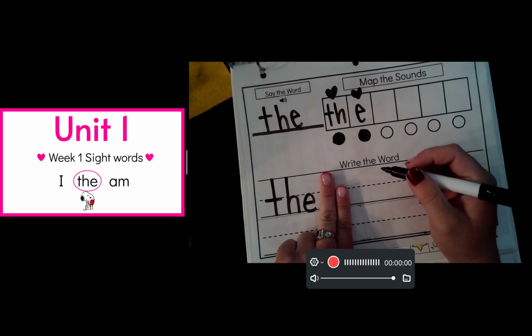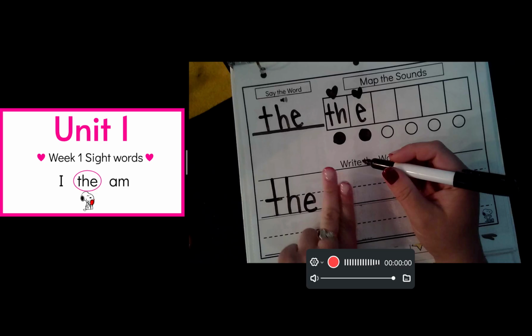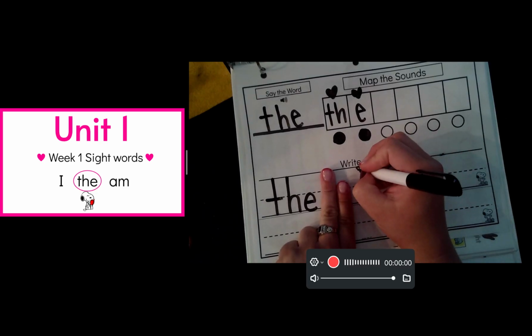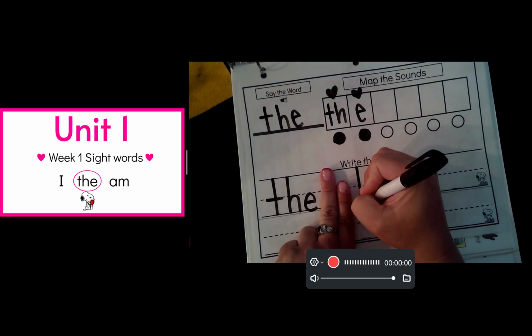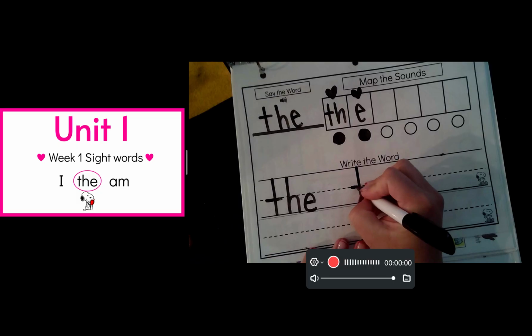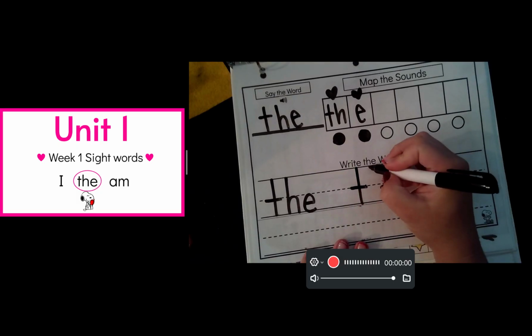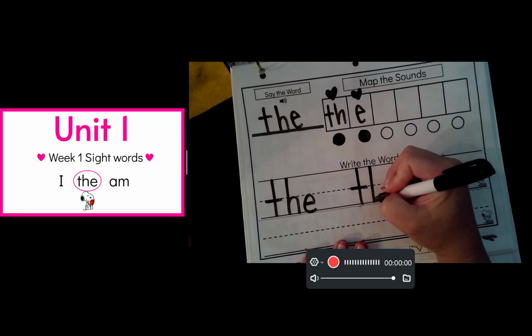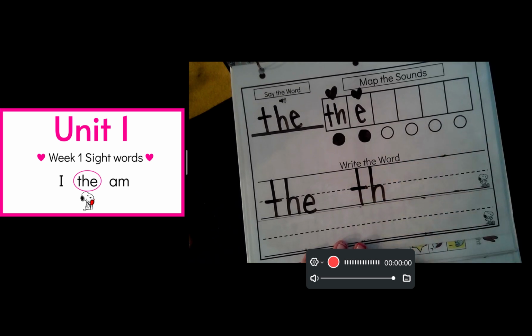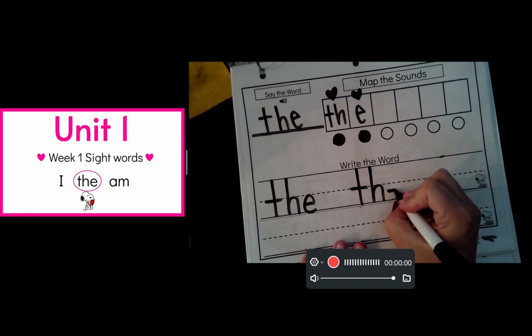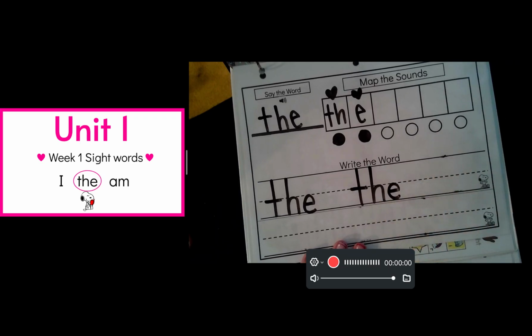Let's go ahead and leave some space so that my words are not too squished. And I'm going to do the same thing. Top to bottom, cross in the middle, top to bottom, roller coaster up, down. Throw the baseball straight, it goes up and around.